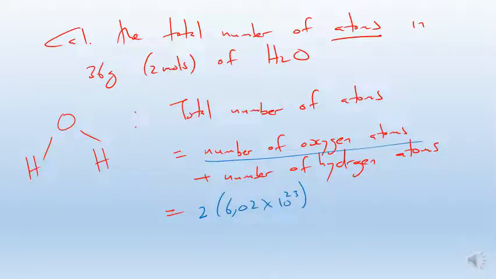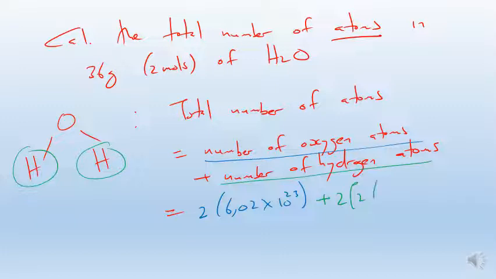And then the number of hydrogen atoms, this guy over here, would be, because for every oxygen atom we have 2 hydrogen atoms, 2 into this number over here, 10 to the power 23, not minus 23.